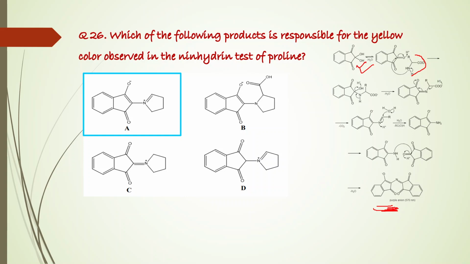So all the amino acids that have this NH2 group can react with ninhydrin and end up with this purple colored anion. But there is only one amino acid, that is proline, which does not have an NH2 group.